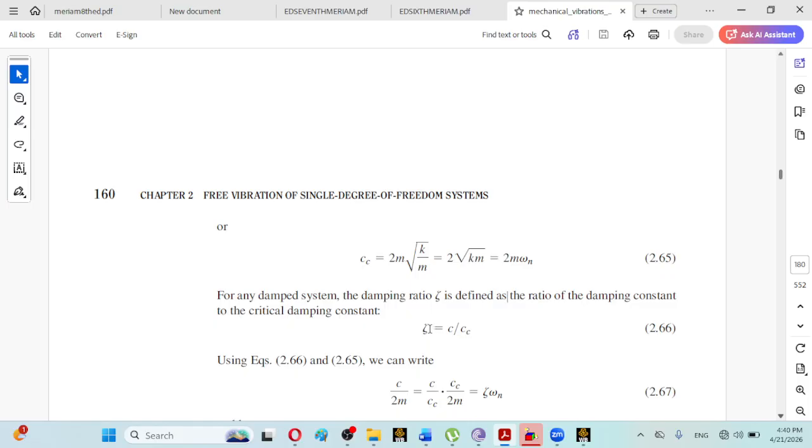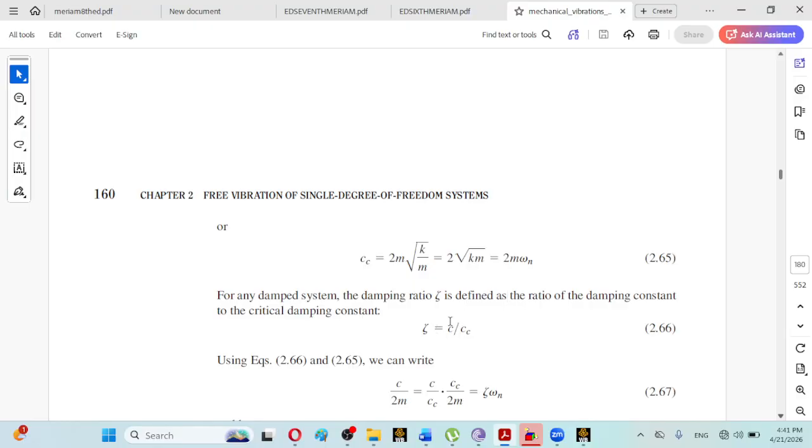So zeta is equal to c by cc. This is called the damping ratio or damping factor. Remember, damping ratio or damping factor: factor because the value can be greater than 1, and ratio because the value might be less than 1.